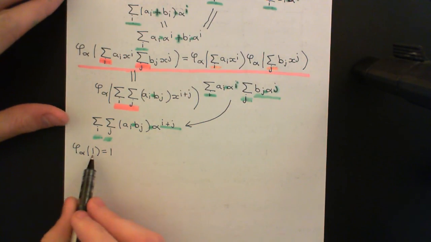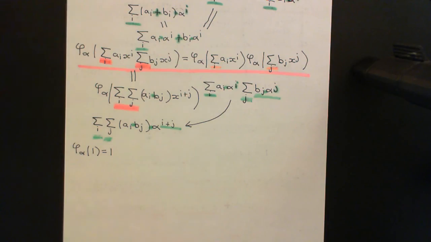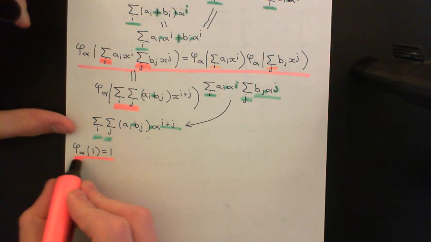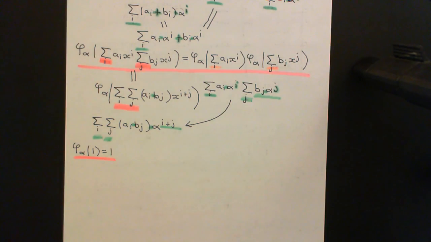Well, 1, the multiplicative identity in the polynomial ring, is just the polynomial where you have 1 as your term in front of x to the power of 0 as the constant term effectively, and then 0 as the coefficients for all the other powers of x. And of course when we evaluate that at alpha, it is just going to equal 1, so indeed the multiplicative identity in our polynomial ring will be mapped onto the multiplicative identity in our ring.